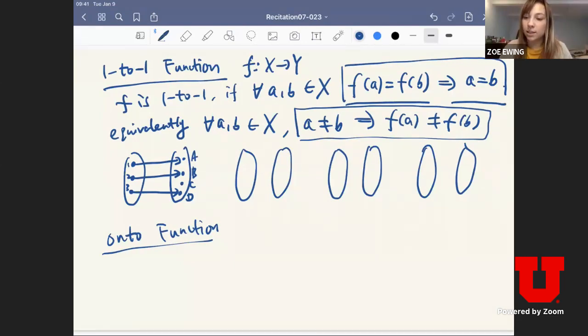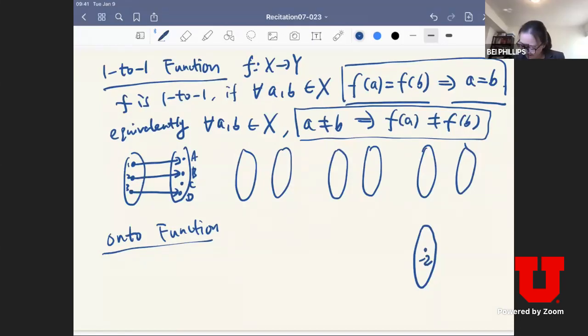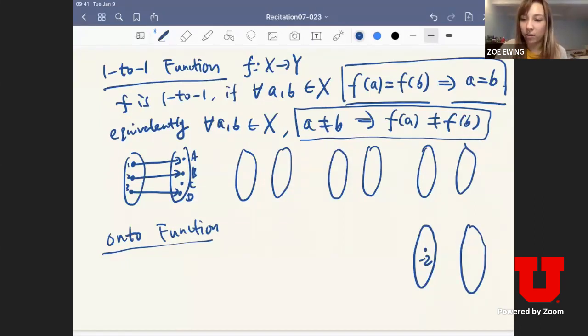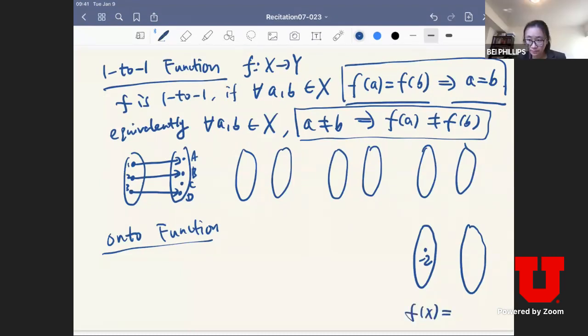Brendan asked, what if a is -2 and b is 2 and f of x is, there's like a caret sign, I don't know if that was intentional, oh, f of x is x squared. What does the function look like? I'm confused. What if a is -2 and b is 2, and f of x is x squared?